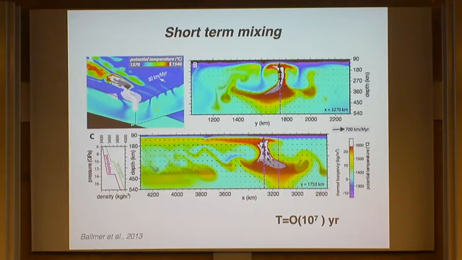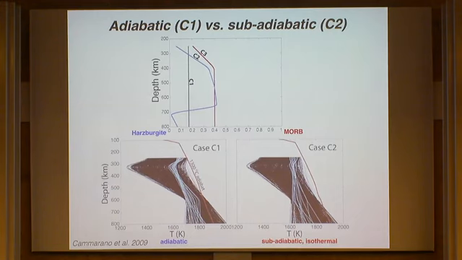The indication of increasing basalt fraction toward shallower depth is a little bit difficult to understand, but one possibility is that they are transient estimates. So they do not represent the result of long-term mixing, but rather short-term mixing.